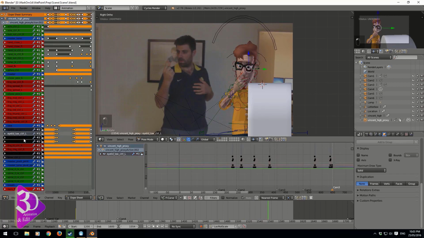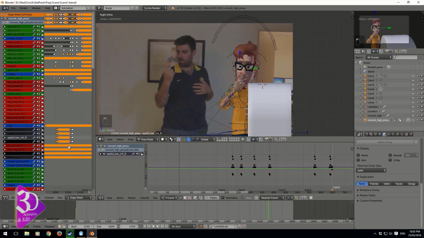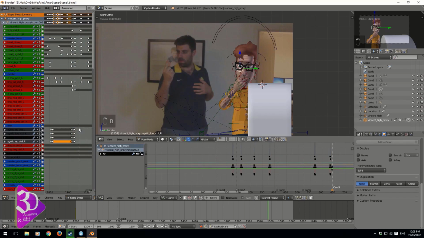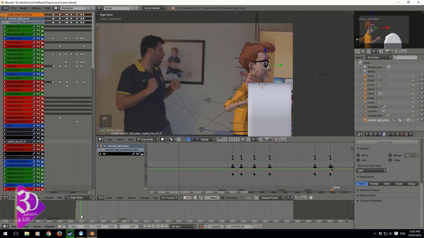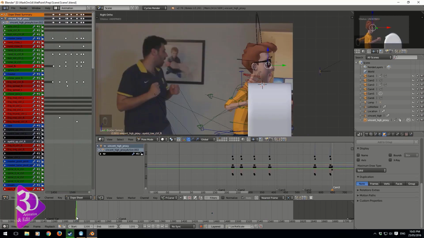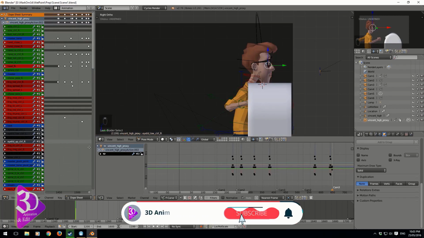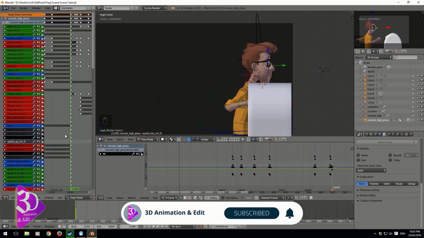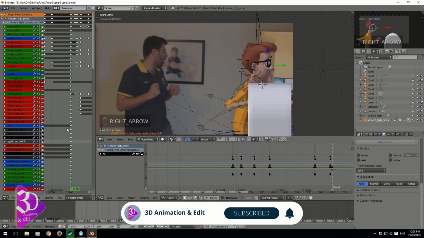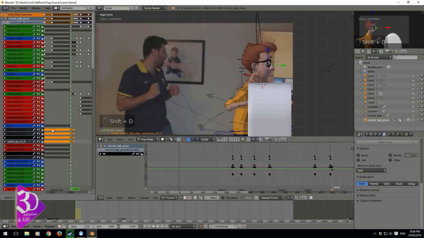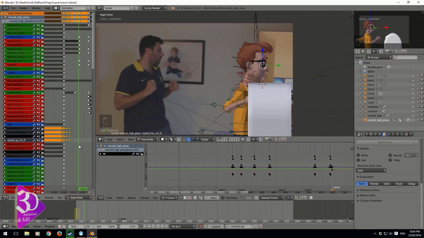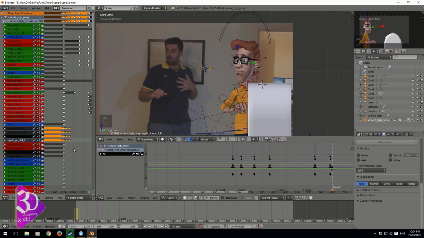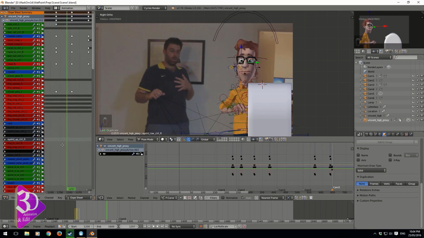Let's get the blinking going as well. Where are my blinks? Here we go. Control B. Alright, let's see if we can find some blinks. I think there's one right there, where it scared the poopsicles. Okay, Shift D. Oh, mind you, it doesn't really matter because that's not the angle we're going to see it from.